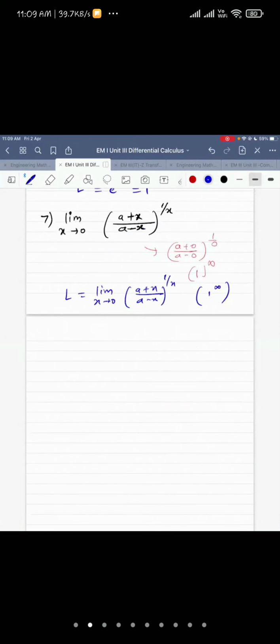You can simplify it using the procedures, or you can solve it in a different way like this. This is limit x extending to 0. I'll take a common in the numerator, 1 plus x upon a, and here a common, 1 minus x upon a, and whole raised to 1 by x. This term will get cancelled, right?